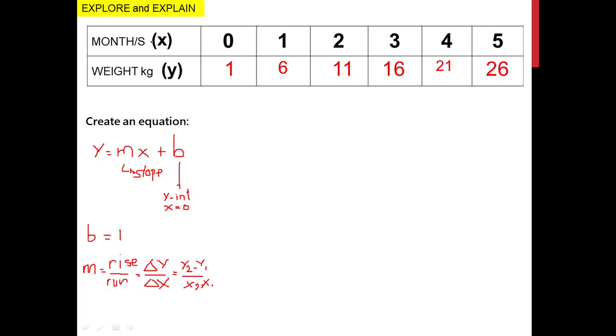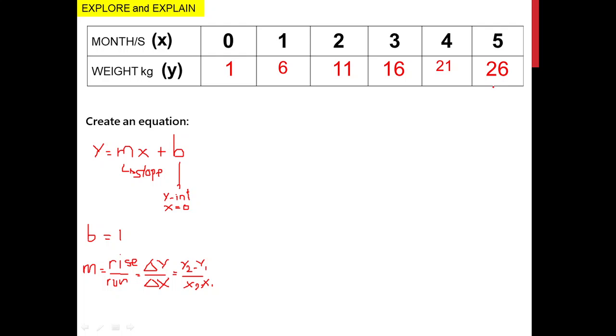Now, how do we get the value of the slope based on the table? Notice we have the values of x and the values of y. It is the change of y and the change of x, and also y2 minus y1. So these are the values of our y. Let's find the value of our slope. Say this is y2, this is our y1.